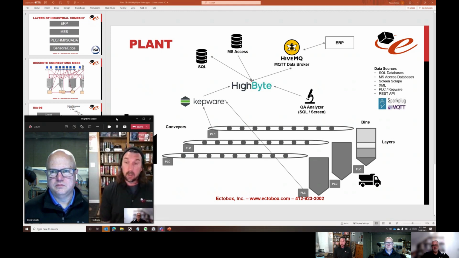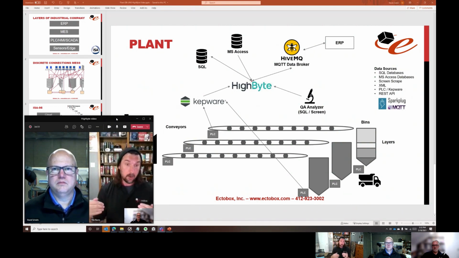So when the transport truck comes into the yard, it's actually scanned by another system, so they know what truck is coming in, and then we receive that. We can receive that truck Alpha Bravo Charlie just pulled in, and then HighByte will combine that with ERP data to say that truck Alpha Bravo Charlie is from customer XYZ.